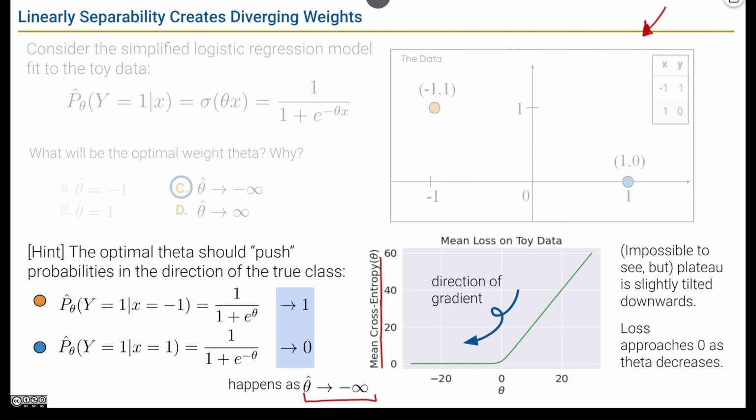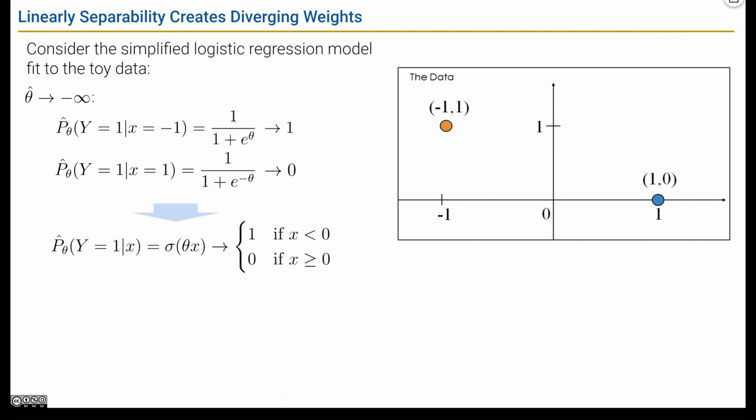Ideally, if you did let theta go to -infinity, what this function will approach is actually this step function. It just looks like this. That would be basically the calculus ideal solution for this data set. And that's what we can see here.